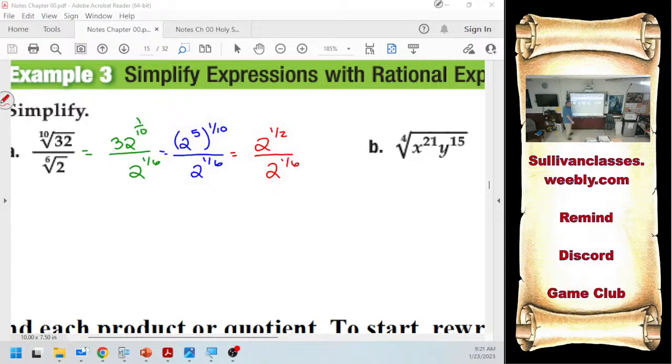There we go. And what do I do with any exponents when I divide and they have the same base? Subtract. 1/2 minus 1/6, or common denominators, 3/6 minus 1/6 is 2 to the 2/6, which is 2 to the 1/3, which is cube root of 2 to the 1st.